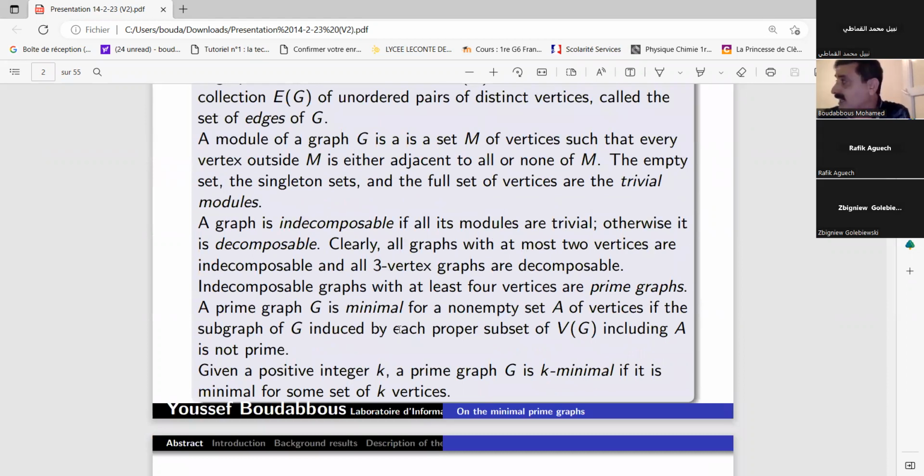A graph is called minimal for a vertex subset A if it is prime, but there is no proper subgraph containing this subset which is prime.